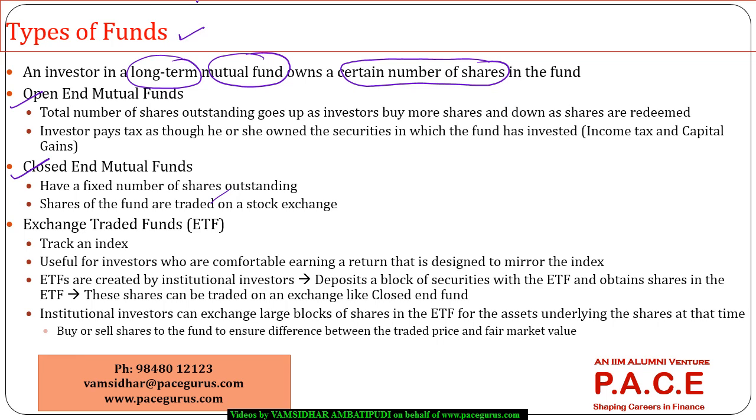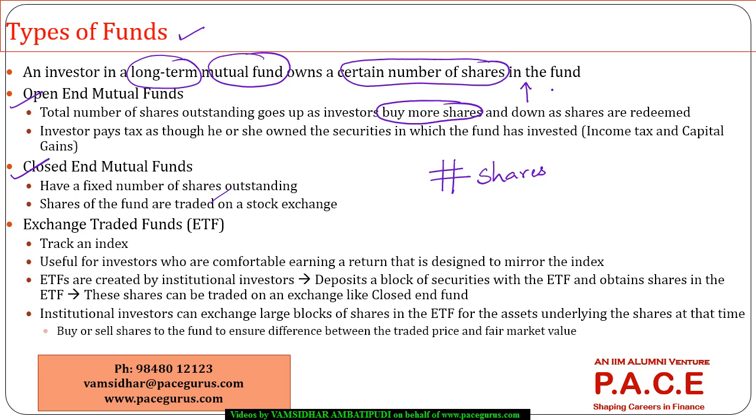And the major difference between the two is in open-ended, the word itself, open-ended. So there is no restriction on the number of shares that are issued by the company. So if I keep buying more and more shares, the total number of shares will go up.